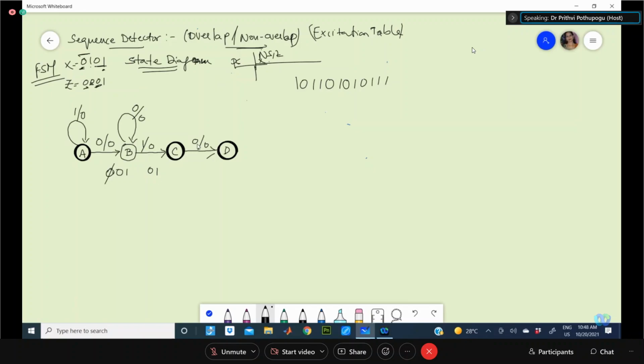Okay, if one more 0 comes in sequence, the machine goes to state B. Now here, in place of 0, if you get 1, you check whether these bits are falling into the sequence first.